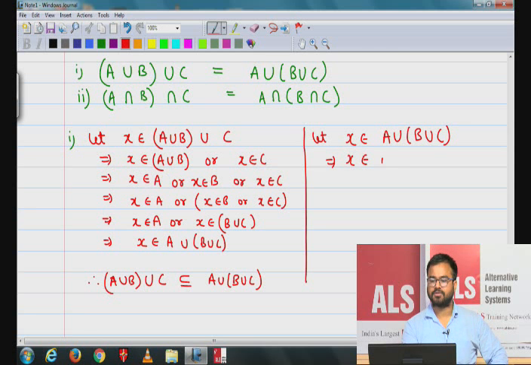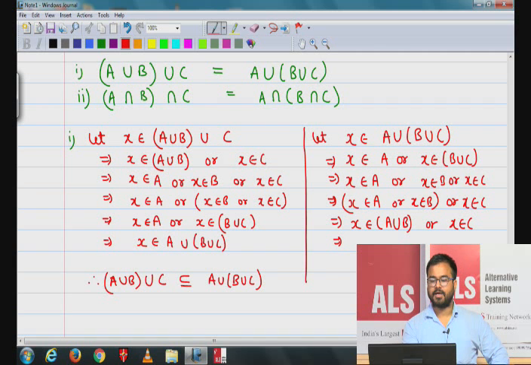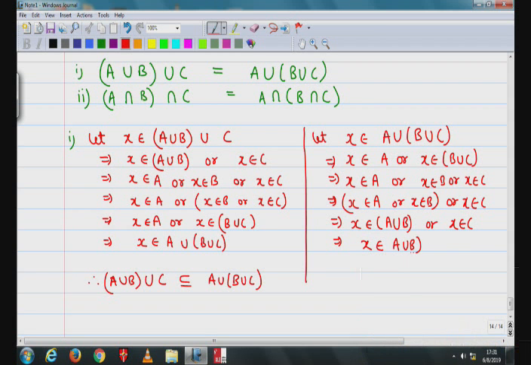It implies that X belongs to A or X belongs to B union C. It implies X belongs to A or X belongs to B or X belongs to C. Again, we can take A and B into one bracket, or X belongs to C. Now X belongs to A or X belongs to B, we can write as X belongs to A union B, or X belongs to C. The reverse process we can also do, and here we can write X belongs to A union B union C. Therefore, since X was an element of this and X is an element of this, A union B union C is a subset of A union B union C.